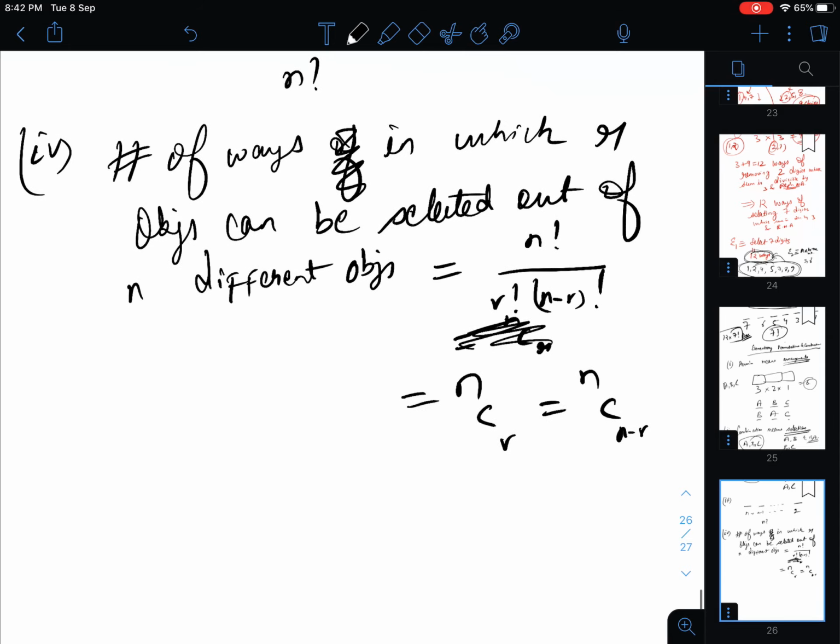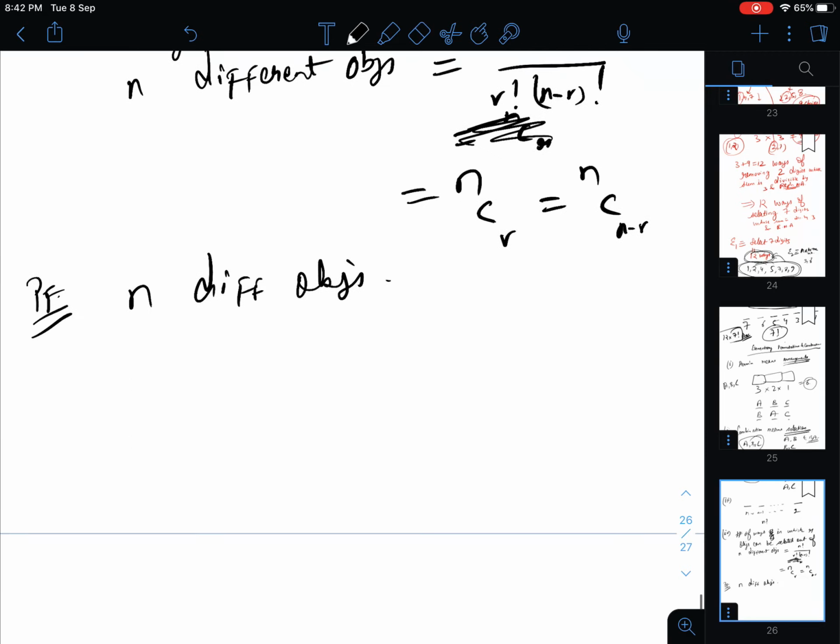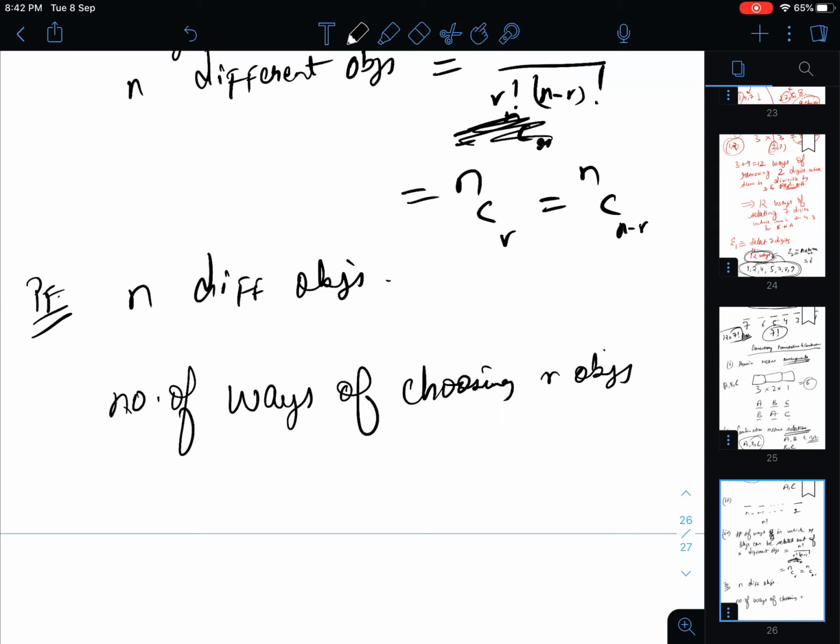Okay, let's see why this is true. Proof. Now you see, suppose you have n different objects. Okay, now we have seen the number of ways of choosing R objects out of these n objects, in any order, including ordering.